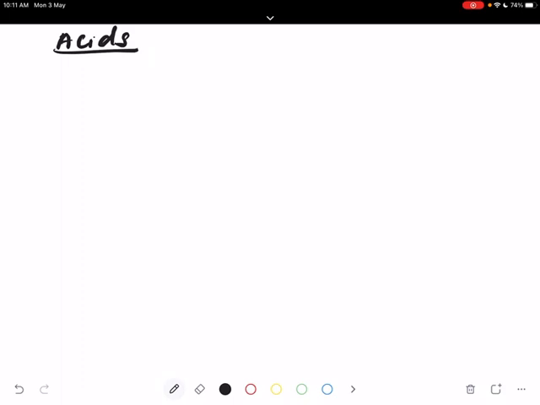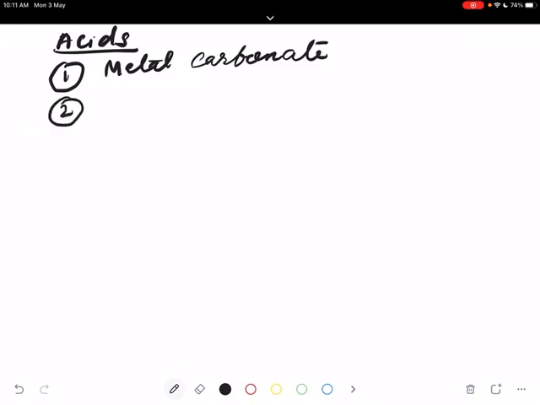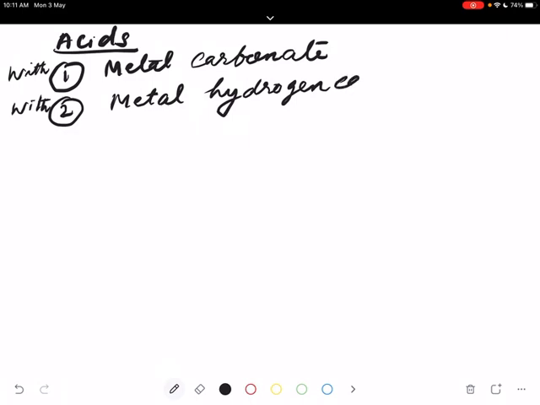How do these acids react with number one, metal carbonate, and number two, with metal hydrogen carbonate?